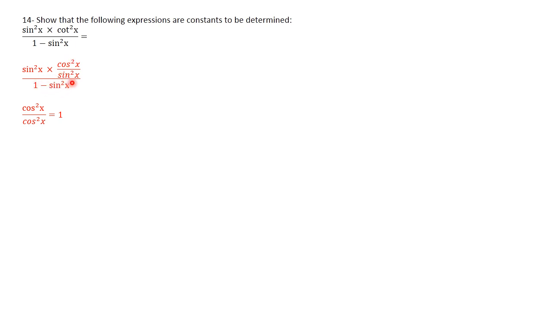Okay? Now let us go for another expression. You have cosine squared plus 1 over 1 plus cotangent squared x, and also it's a constant to be determined. As I told you before, every time you see cotangent, tangent, you have to replace them directly by what they express. So cotangent squared x is also cosine squared over sine squared. And now what do you do in the denominator?